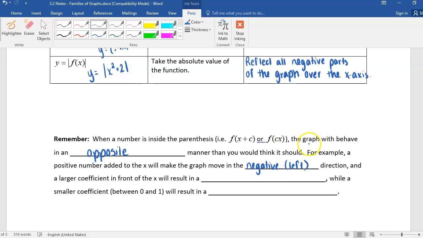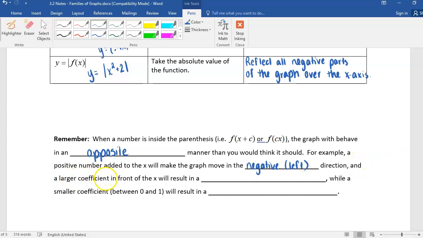Okay, or I guess I should add that this is a little strange for me to make that all one sentence. This is poor grammar right here. So I should have also said if you have a negative number, it'll move to the positive or the right direction.